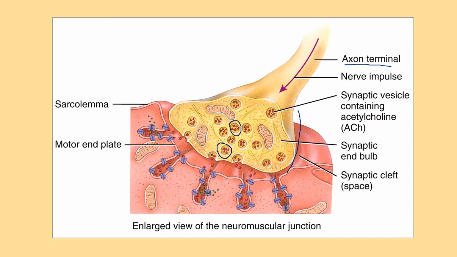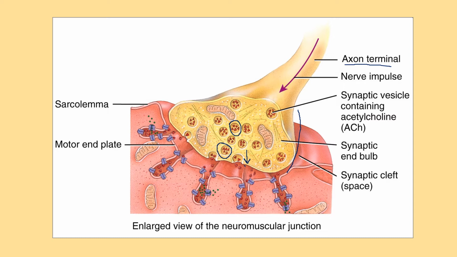And with the arrival of the action potential in the synaptic end bulb, these vesicles will undergo exocytosis. And so we see acetylcholine being released, it's being secreted into the synaptic gap or the synaptic cleft.